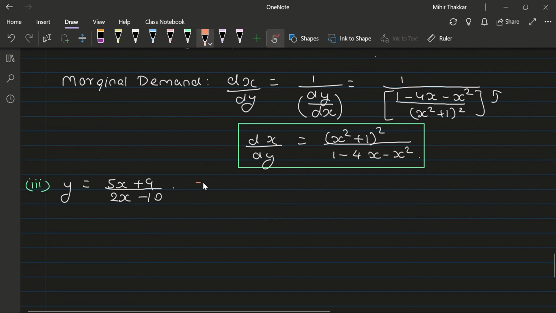Once again, this is your u value and this is your value of v. So we will be applying the formula for u by v rule when we are differentiating. So I will say over here, differentiate with respect to x.